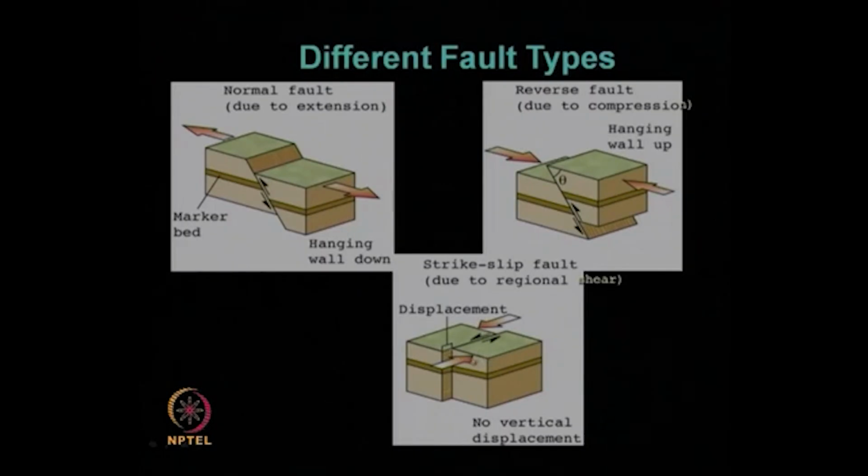And also we have connected each one of these types of fault to the corresponding plate boundary movement, like normal fault is nothing but connected to divergent type plate boundary movement, reverse fault is connected to convergent type plate boundary movement, whereas strike slip fault is connected to transform type plate boundary movement.